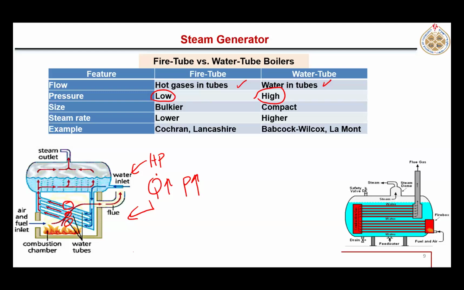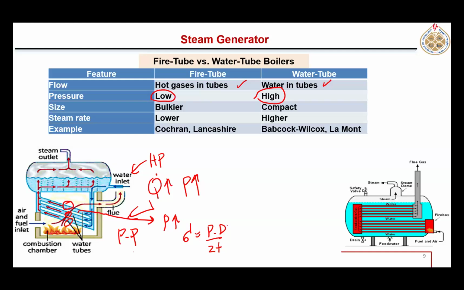So those are ideal for power plant applications or for large industrial processes. Right. These small tubes can sustain high pressures very easily, because if you remember from mechanics of materials, the hoop stress is given by P times diameter divided by 2 times the thickness of the tube.